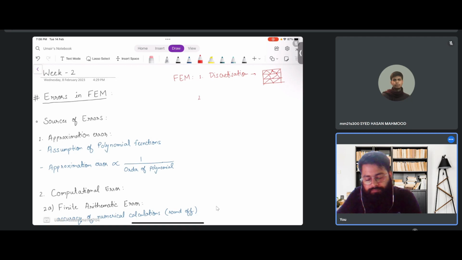Then we take the weak form. What we basically do is take the residual form of the given governing equation, and we reduce the differentiability requirement. This reduced differentiability requirement helps us in choosing simpler polynomial functions to estimate the solution. So the next task would be to choose the shape functions.